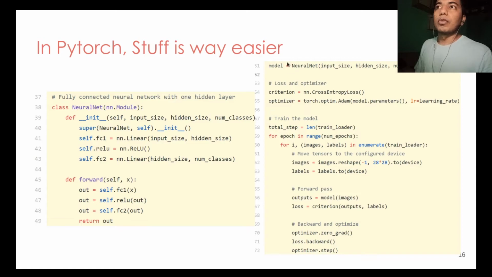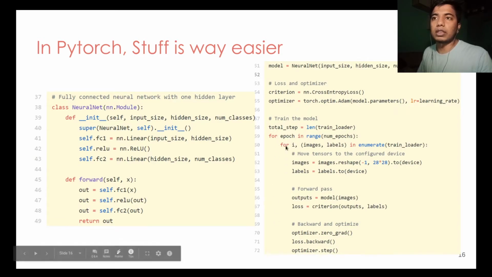Moving forward, we initialize it, we set the criterion, and we fetch the optimizer. Followed by this, we load the data through a data loader, and then we train it for a number of epochs, and in every epoch we iterate through the entire set of images and their labels.